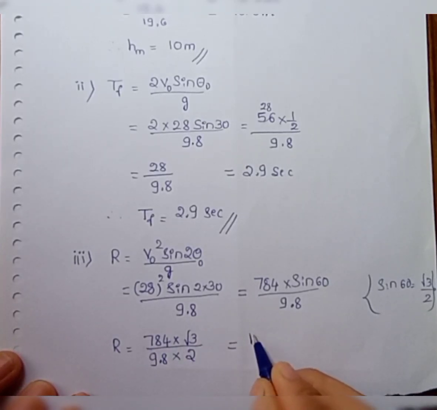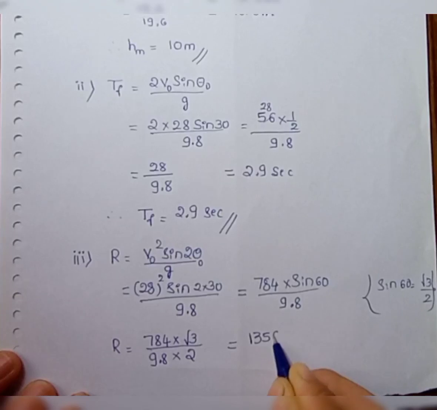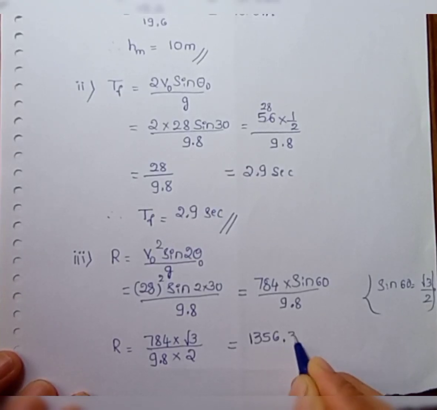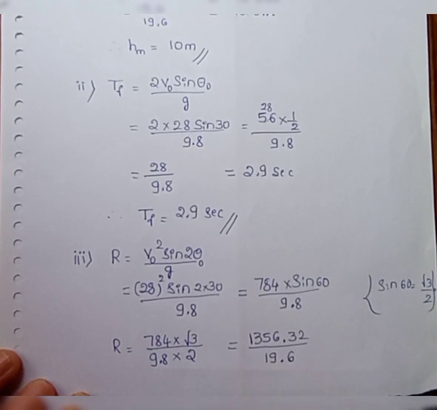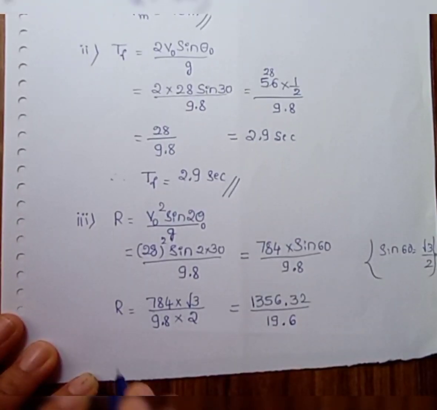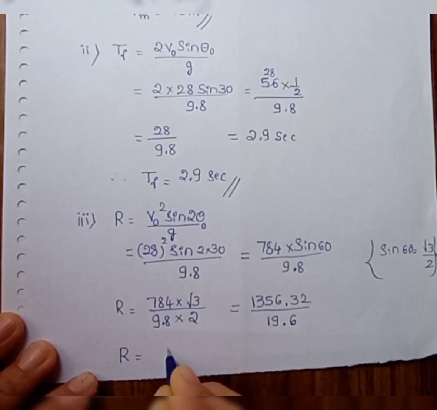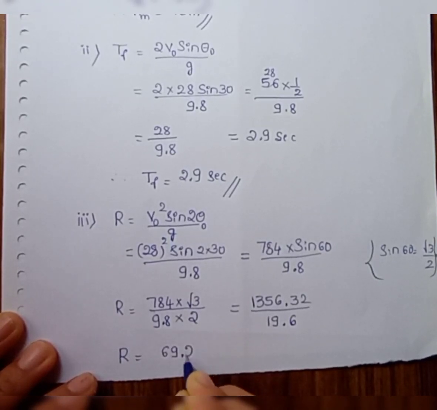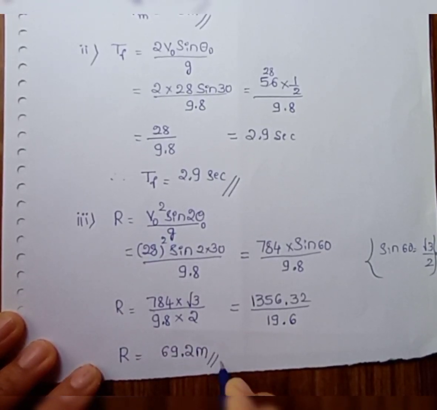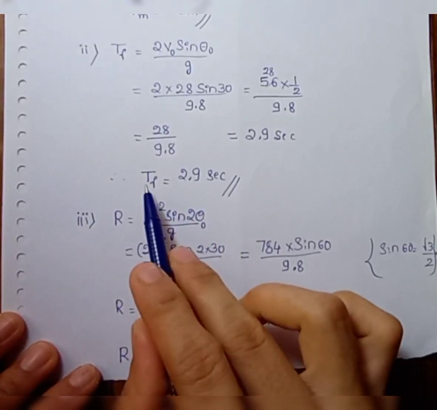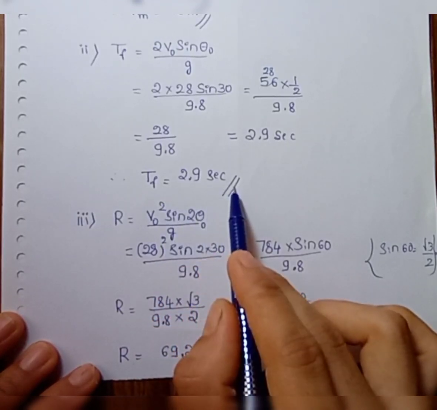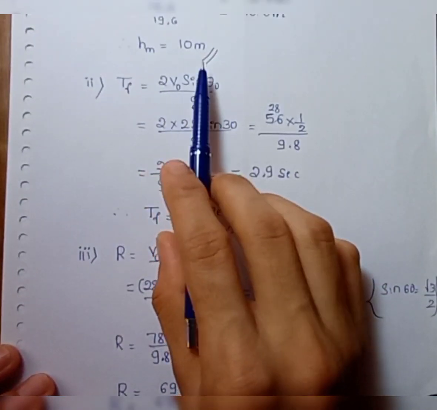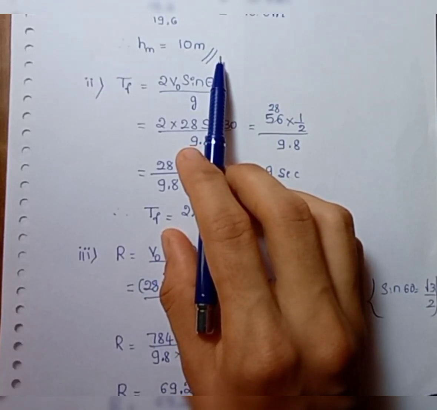Multiplication of those two numbers gives 1356 divided by 19.6. Now finally we will get range value is equal to 69.2 meter. That one is range R. Time taken by the ball to return to the same level is 2.9 second and Hmax is equal to 10 meter.